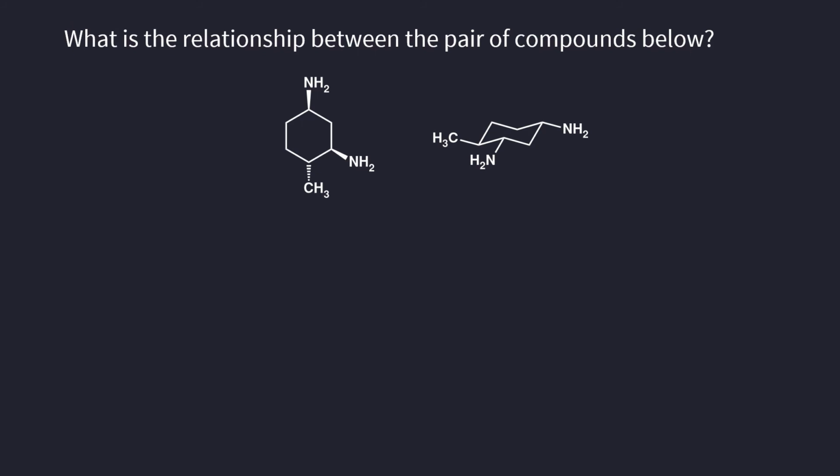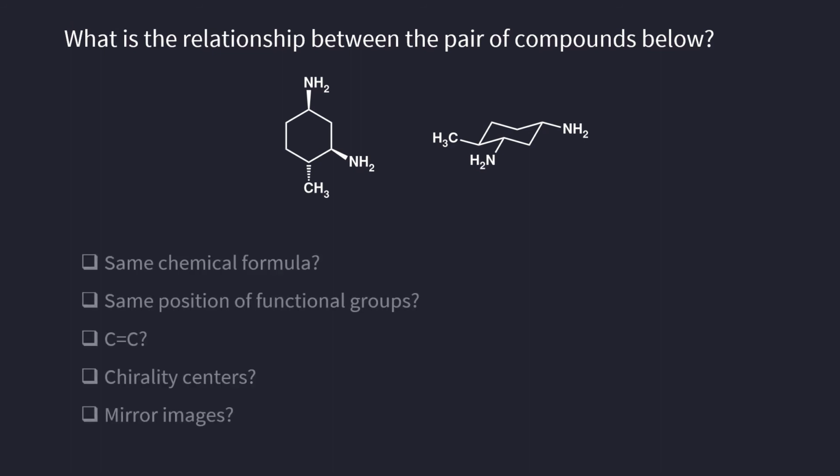Next, we have these two molecules with a cyclohexane chain. So what is the relationship between these two compounds? So they have the same chemical formula and the same position of functional groups. They both have these two amino groups and a methyl group attached on the same carbons.